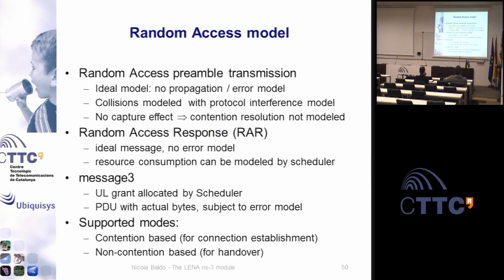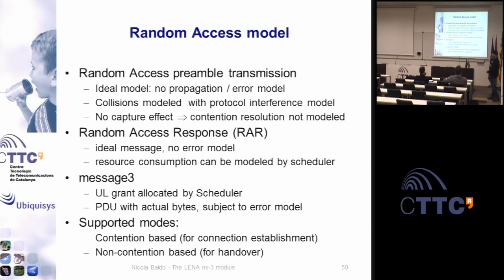The same holds for message 3 from the point of view of the scheduler: it also takes care of allocating resources for message 3. But from the point of view of the transmission, it is different in that message 3 is modeled accurately. We have a real PDU with actual bytes, which is subject to the data error model that I explained before. And we support both contention-based and non-contention-based access for this random access model.